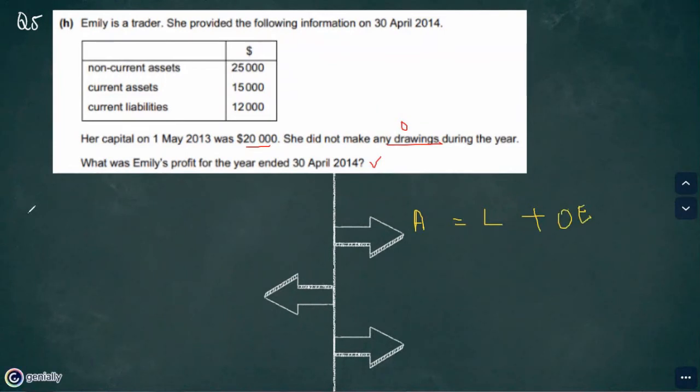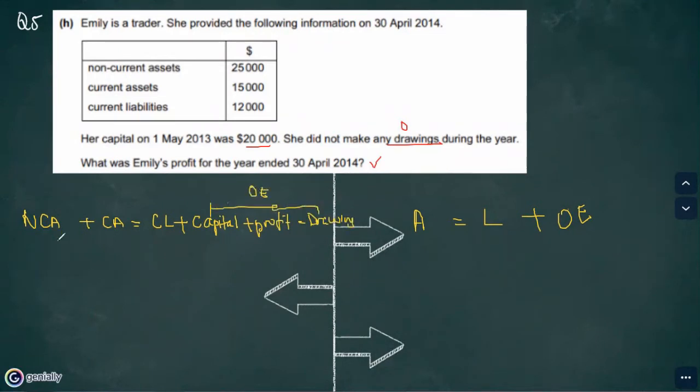Your asset can be non-current asset plus current asset, whereas your liability here is current liability plus capital plus profit minus drawing. So this entire bit here is your owner's equity. So the non-current asset would be 25,000 plus 15,000 on current asset.